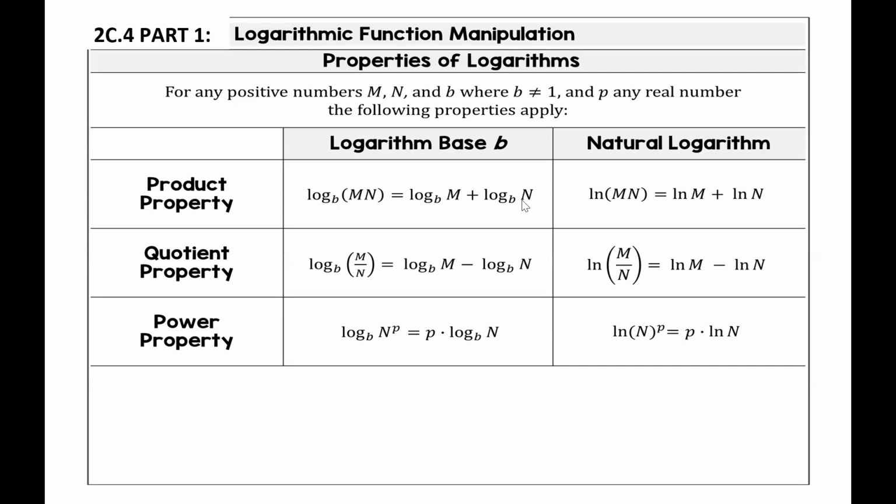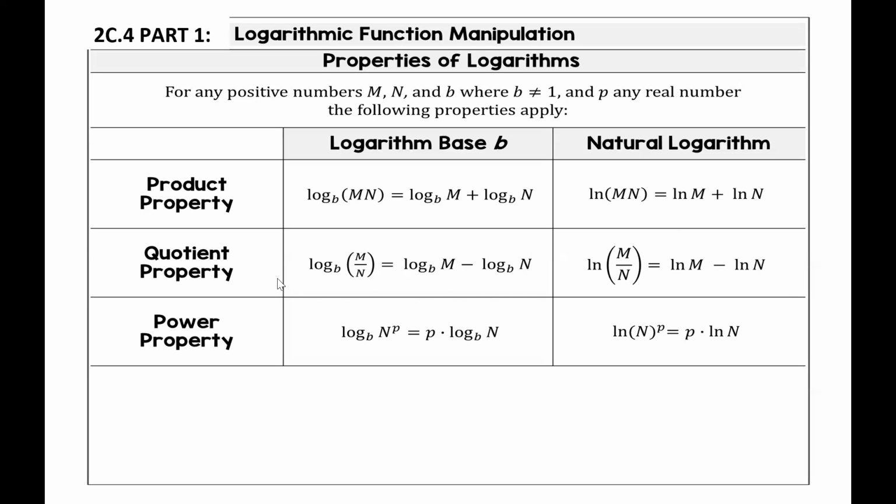It ties with our exponential rules, right? When we have two exponents being multiplied with the same base, all you're doing is adding their powers. Does that make sense? It doesn't matter if it's log or natural log, the rule applies.